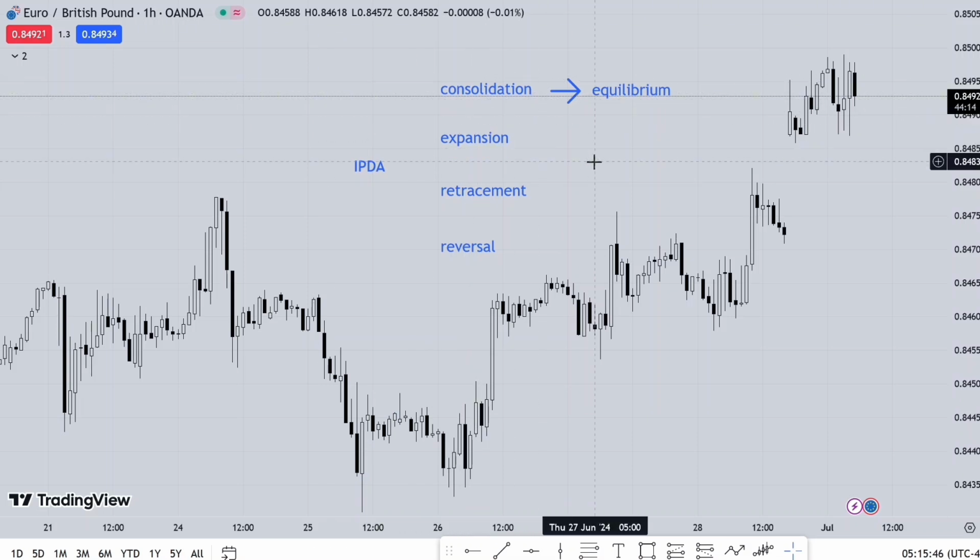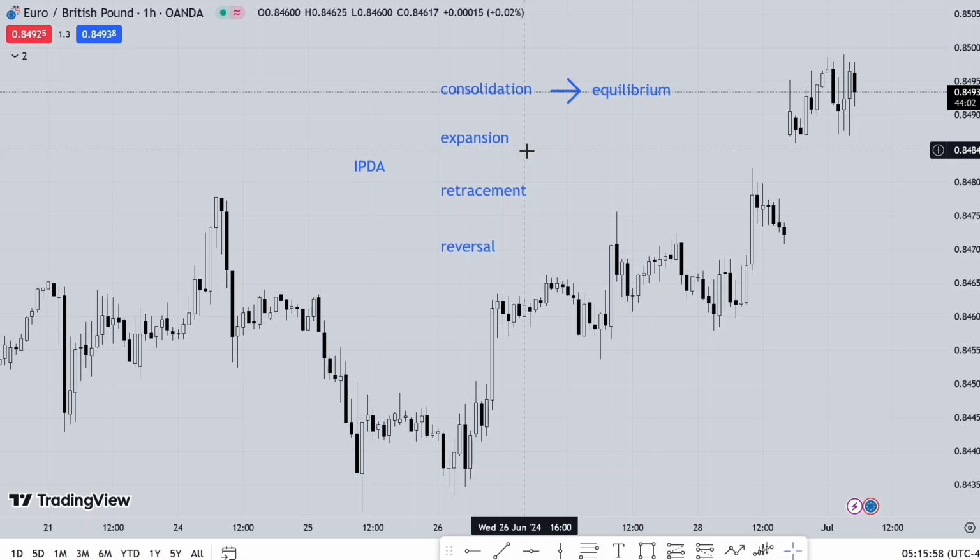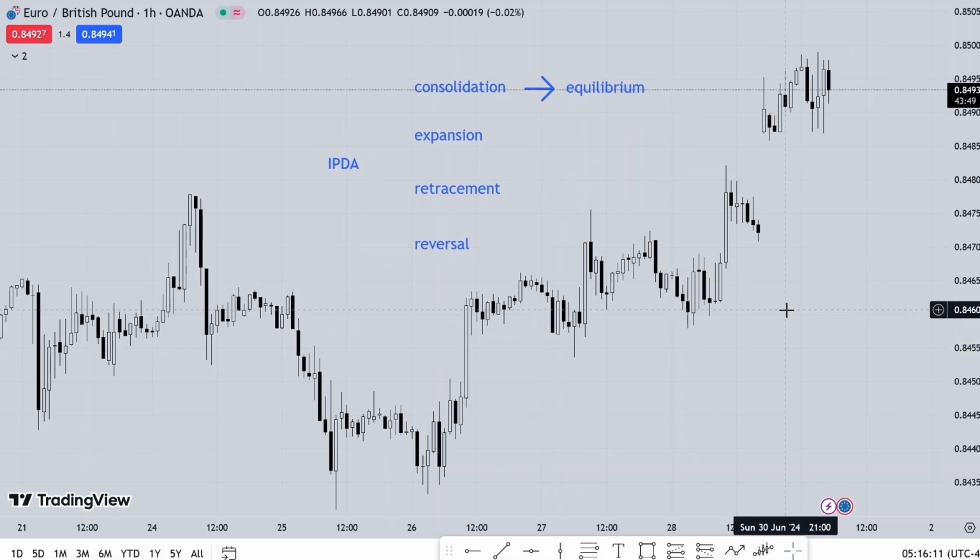And then the expansion: after a consolidation, you have expansion in price. When price expands higher or lower, that is the market makers revealing their intended pricing model.